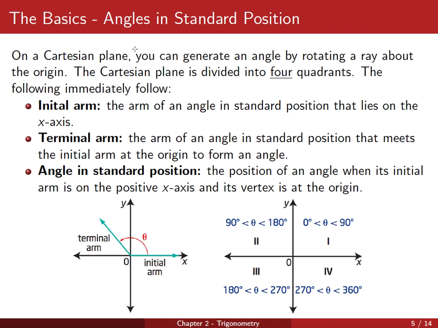The Cartesian plane is basically this coordinate system right here. XY coordinate. This is quadrant 1, 2, and of course 3 and 4.